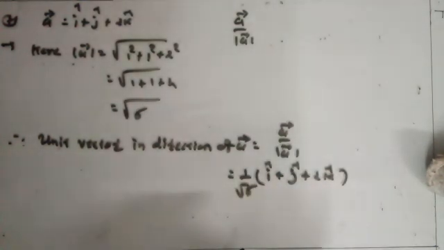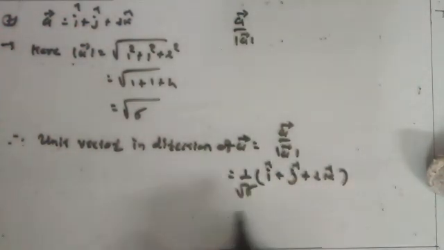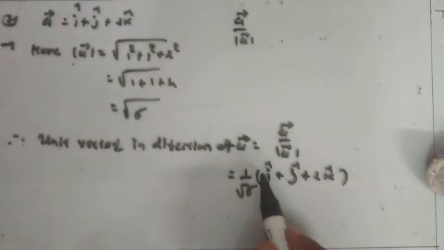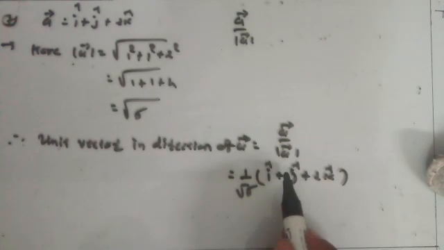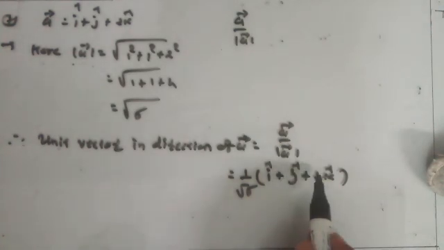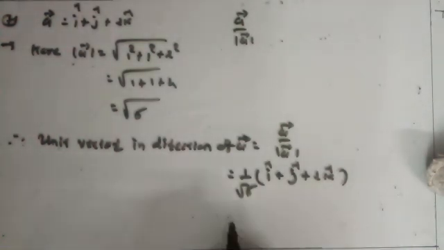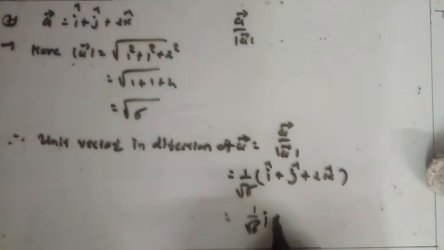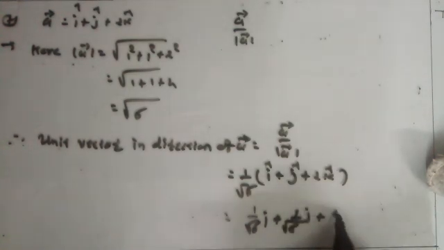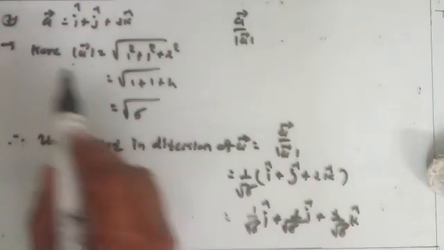This becomes the unit vector in the direction of A: 1 upon root 6 i plus 1 upon root 6 j plus 2 upon root 6 k. Clear? This is the unit vector in the direction of A.